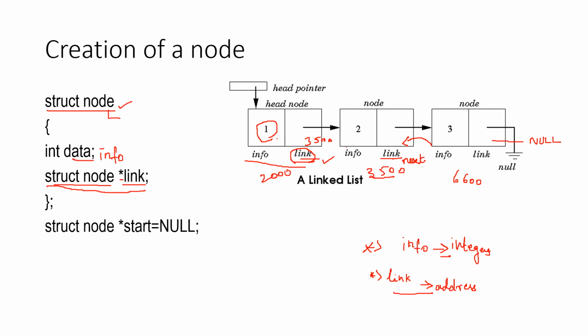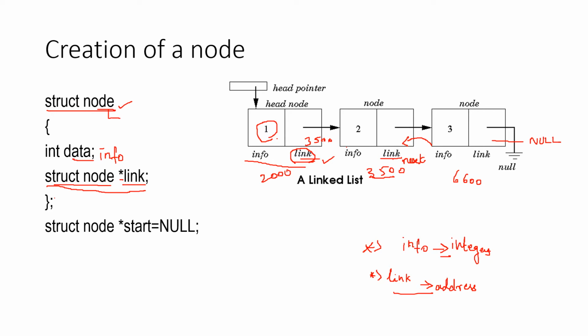Then you can close the curly braces and put a semicolon. Once again, I am saying that in order to store a list of heterogeneous data, we can make use of this structure. As we are going to make use of several nodes, here I am naming my structure as node. And here I am defining two members for my structure: one is the data and the next one is the link.